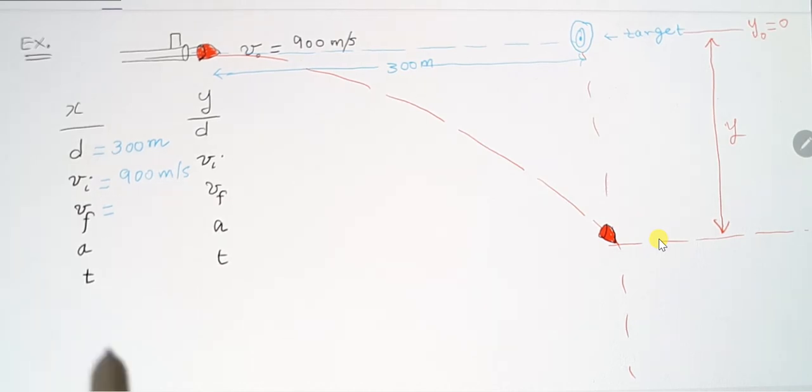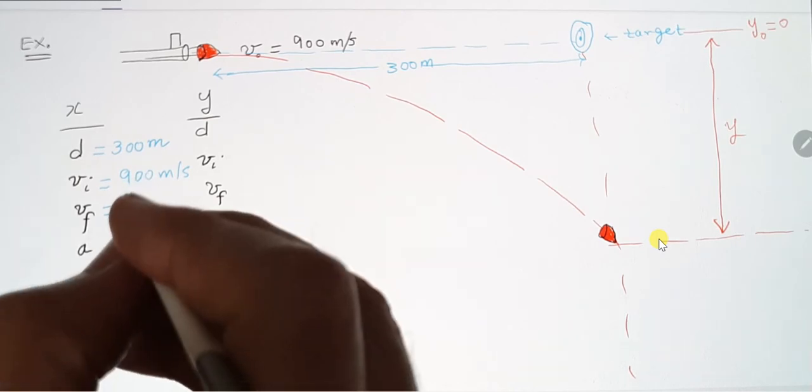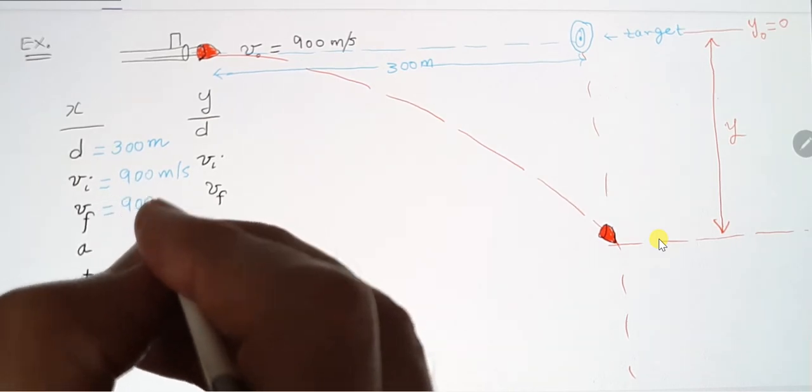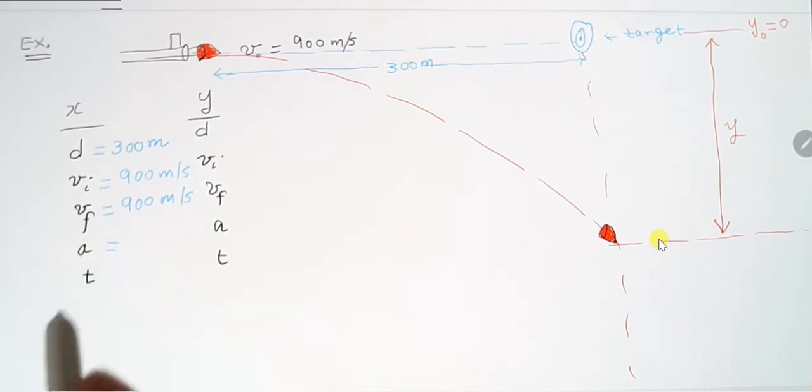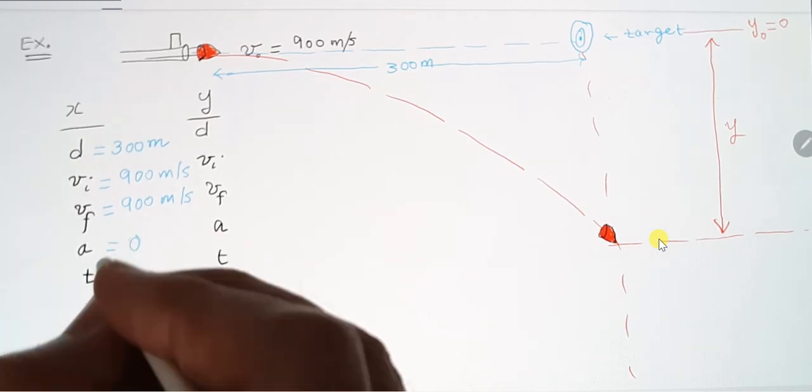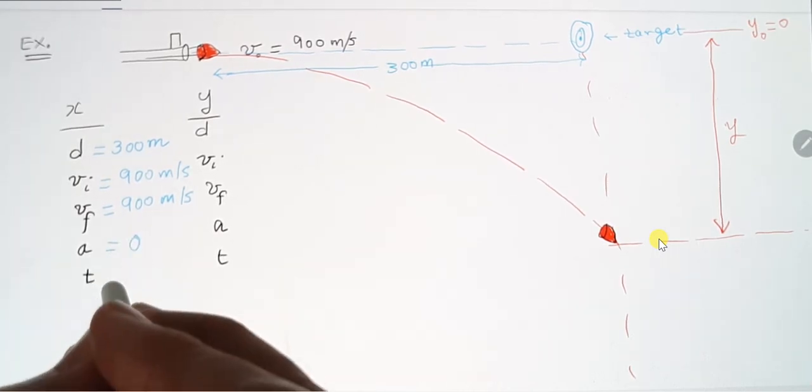Well done, Yaman. Because we said that projectile motion in the x-axis is constant velocity. What's the acceleration in the x-axis? Zero. Well done, Yusuf.